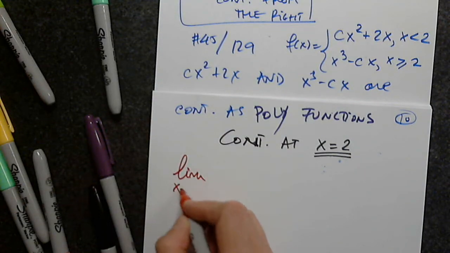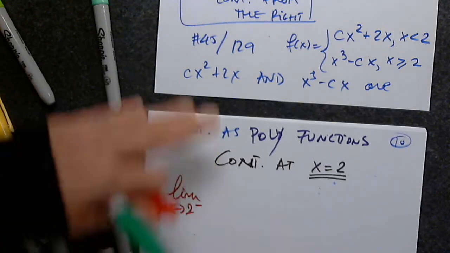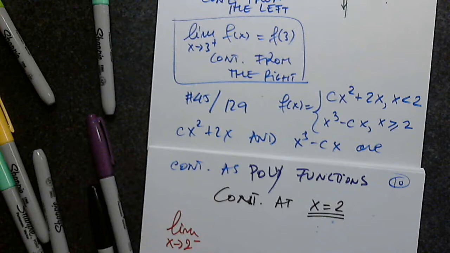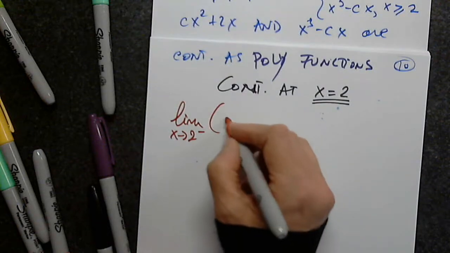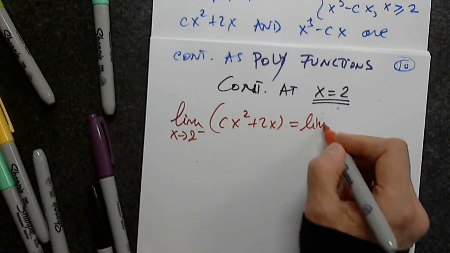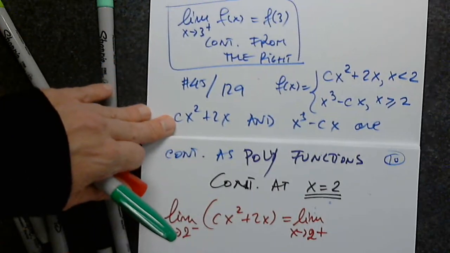The limit as x approaches 2 from the left. Which function do I put? Very good. Cx squared plus 2x must equal the limit as x approaches 2 from the right. From which function?